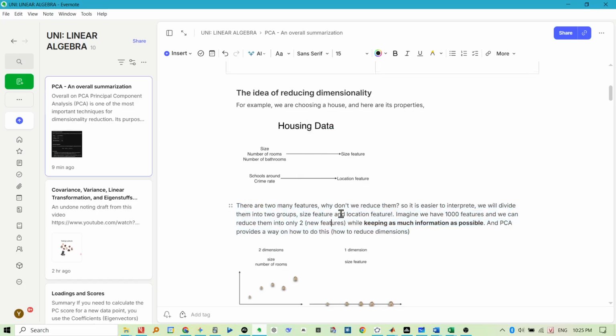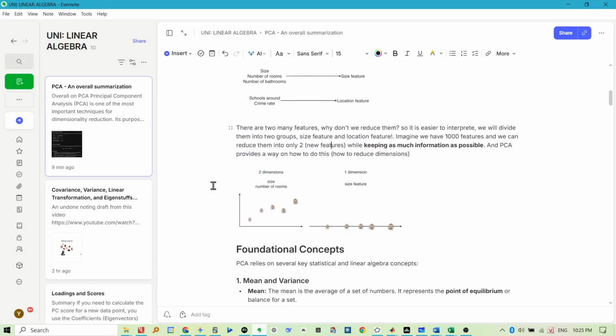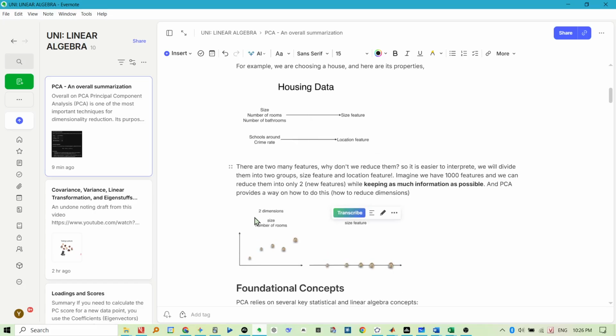Get the idea? So this is a visual representation of 2 dimensions. The size is the number of rooms.